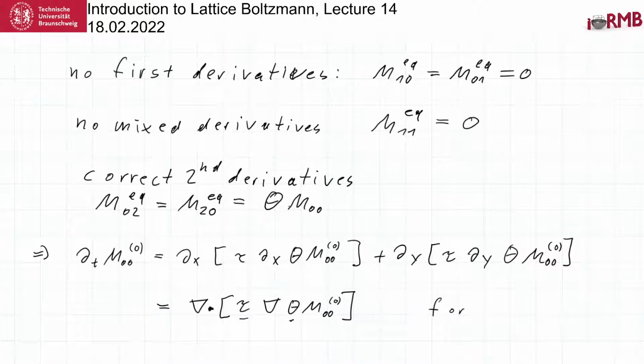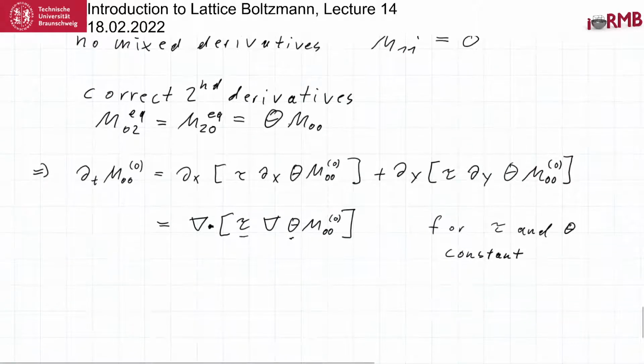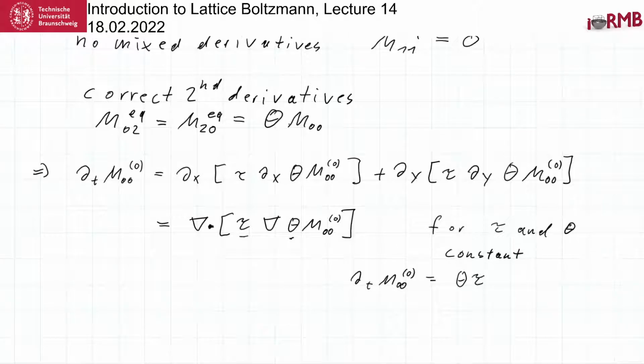So for tau and theta constant, we can, of course, write that this is dt M00 equal to theta tau. So they are constant. We can put them in front and end up with what we wanted. So then D is equal to theta times tau.